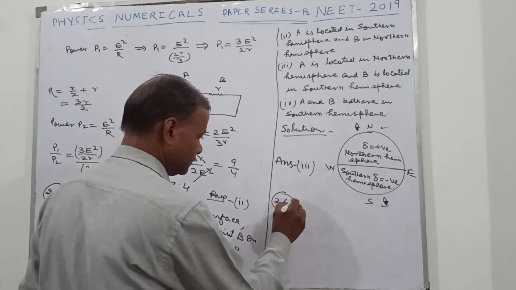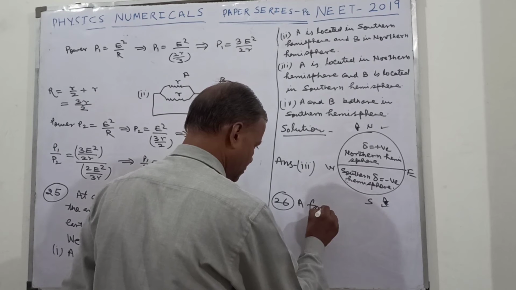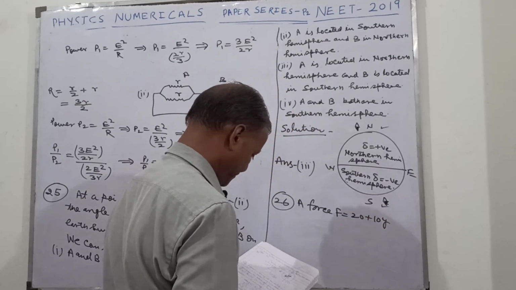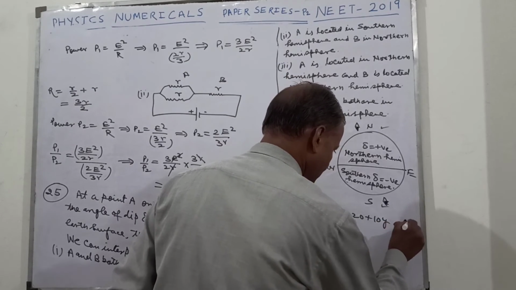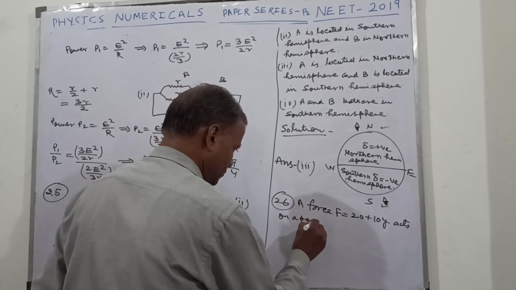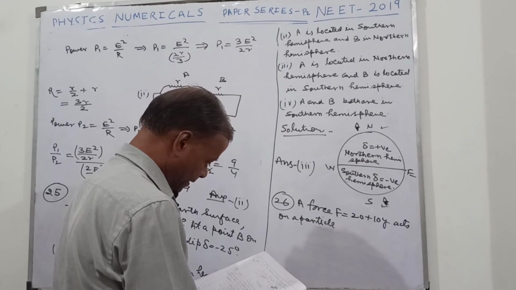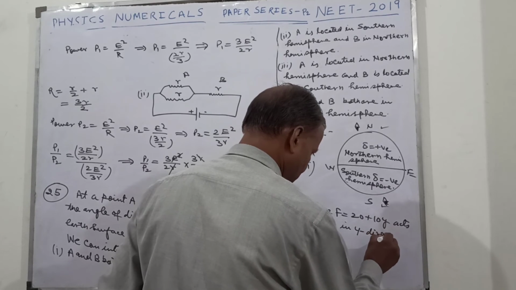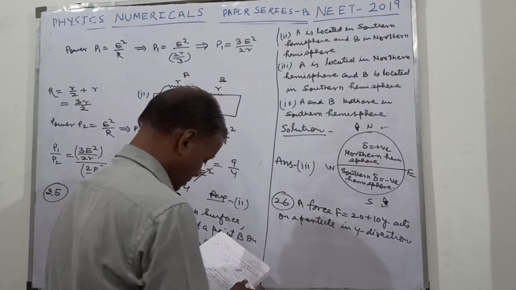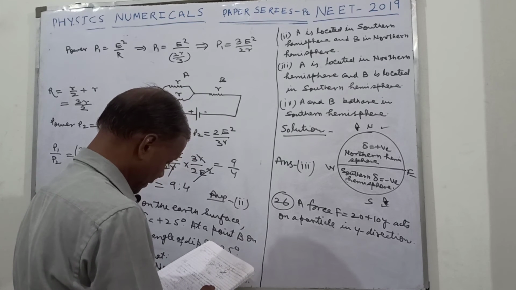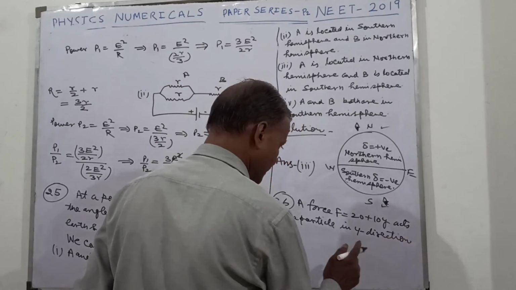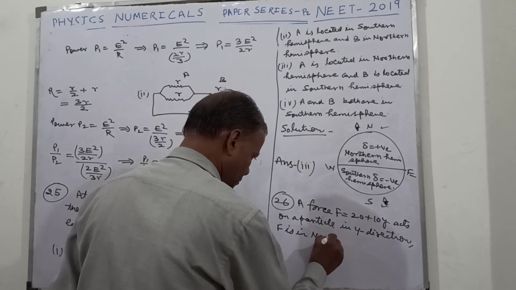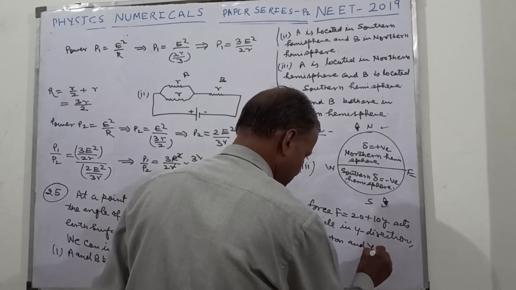A force F equal to 20 plus 10y acts on a particle in y direction. F is in Newton and y in meter.